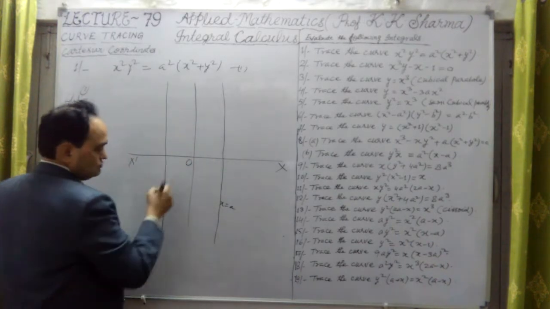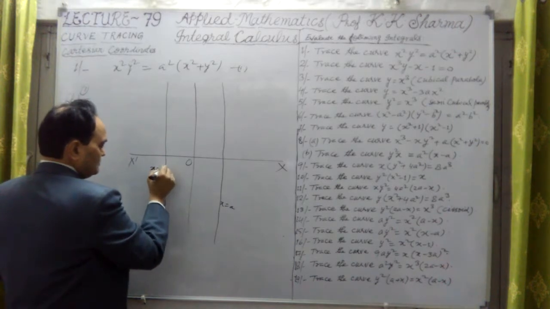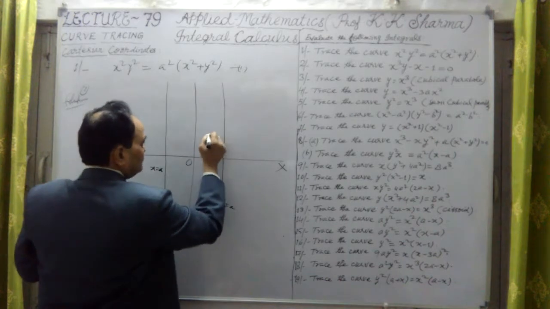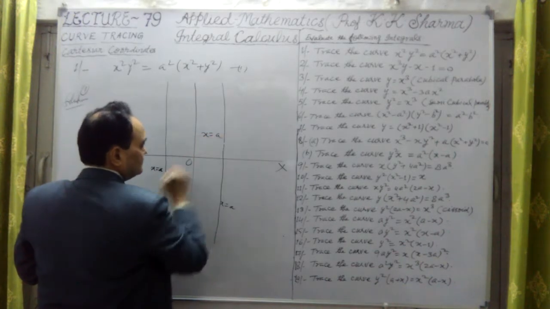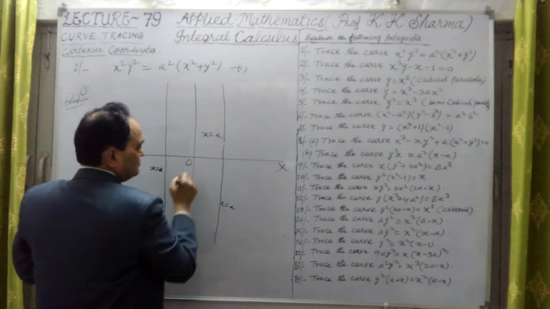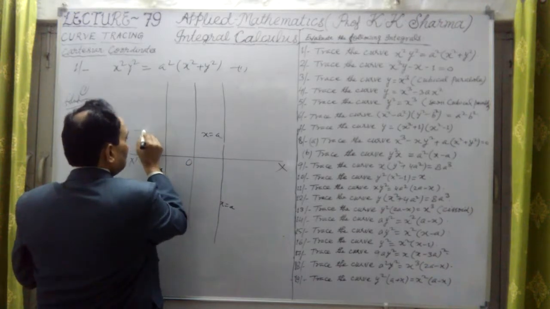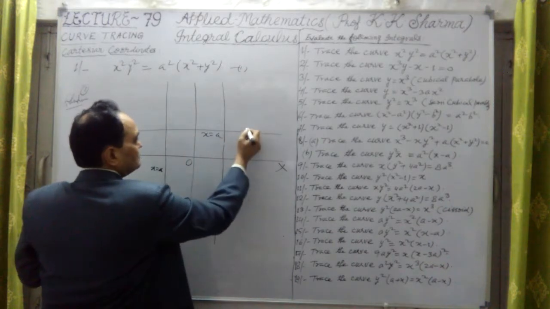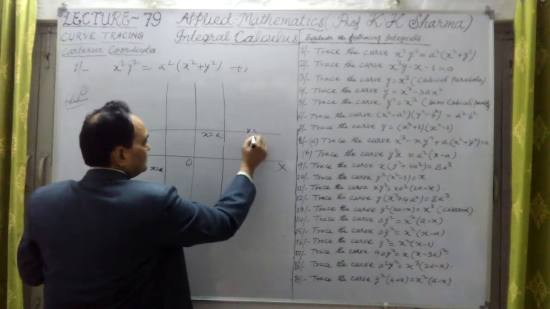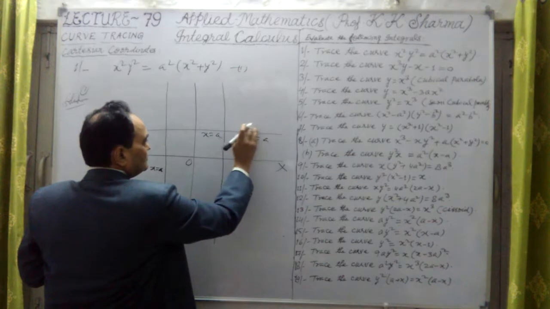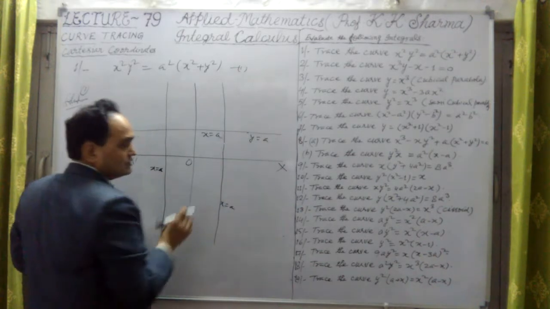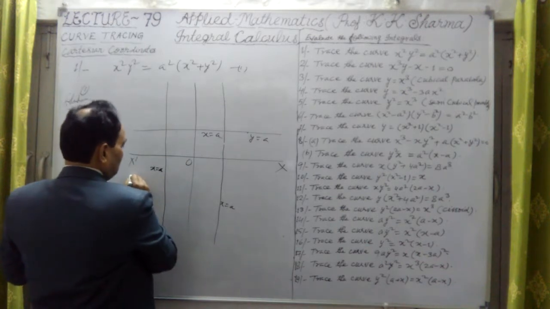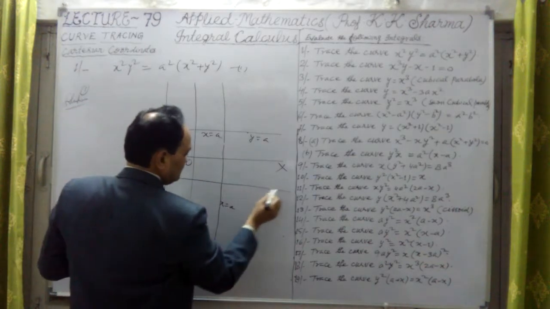So these two lines are parallel to the axis of y, at x equal to a at this point. And if I draw y equal to a, this is y equal to a here. Let me write here y equal to a. At y equal to a also, within these two ranges, let me take y equal to minus a.